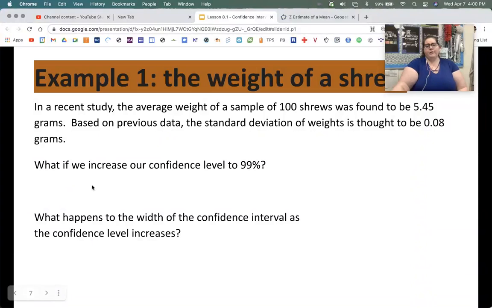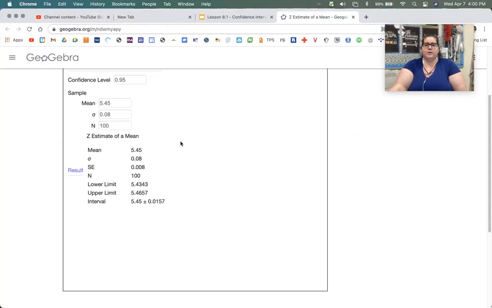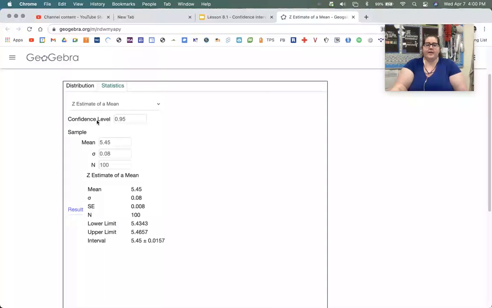Okay. What if we increase our confidence level to 99%? So let's go over to our little website, and I change my confidence level up here. Instead of 0.95, I'm going to change it to 0.99. If I click off of it, I see that my interval has changed. It may not have changed a whole lot, but it did change a little bit. It's now 5.429 to 5.47.